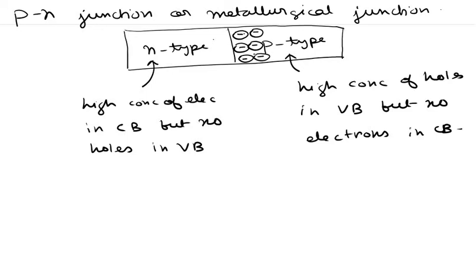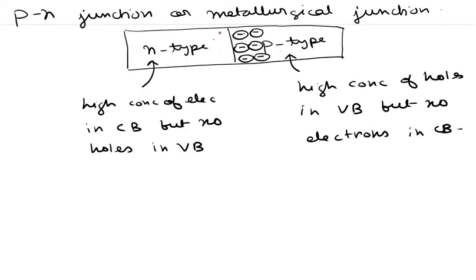Okay. Similarly, this p-type semiconductor again has a very high concentration of holes in the valence band. But this n-type semiconductor does not have any concentration of holes in the valence band. So again, because holes have a tendency to flow from the point of high concentration to the point of low concentration, these holes would flow from the p-type semiconductor into the n-type semiconductor.